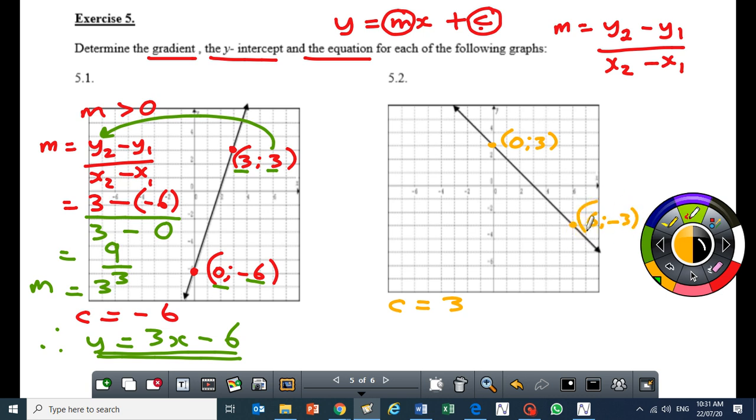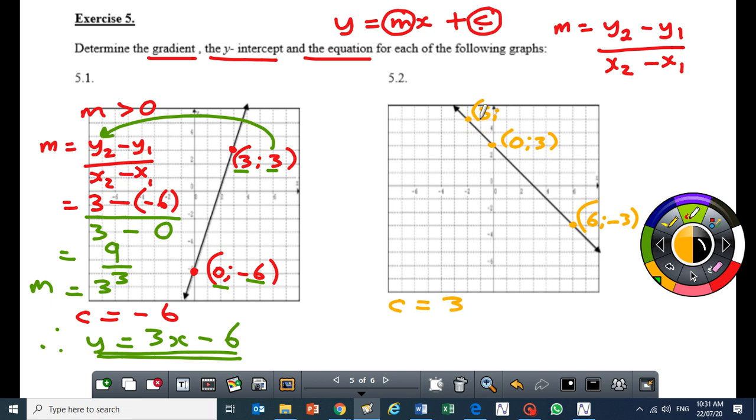Now this time, I don't want to use my y-intercept to calculate the gradient, because I just want to show you that you don't have to use the y-intercept. So I'm going to choose a third point that's going to be on the line. And that point is this point.